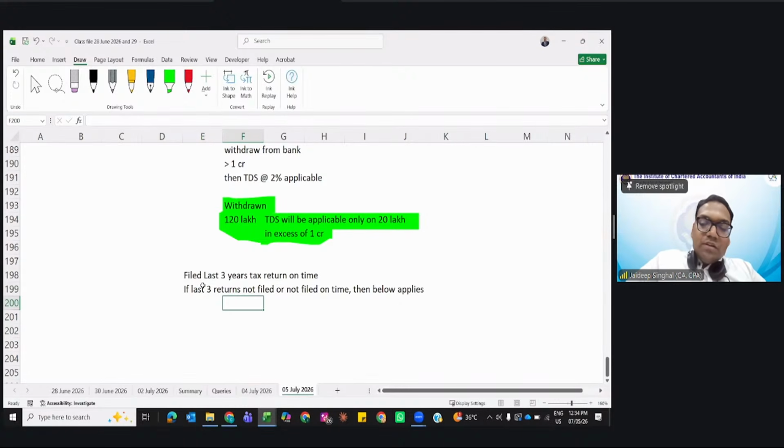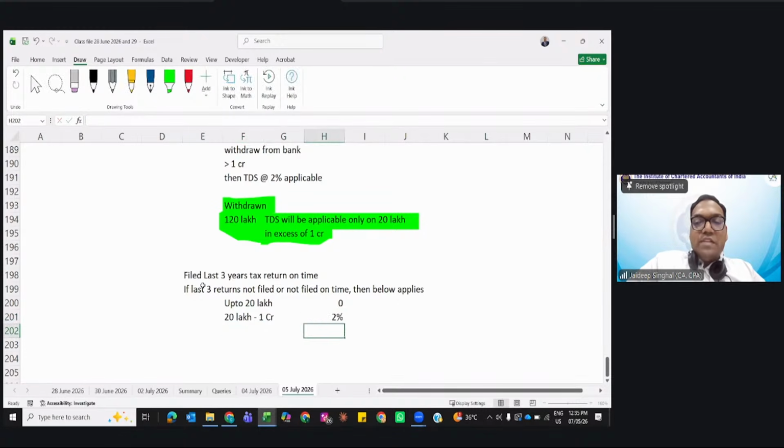Then the limit instead of 1 crore will become 20 lakhs. Up to 20 lakhs, no TDS. From 20 lakhs to 1 crore, the TDS rate will be the same, 2%.